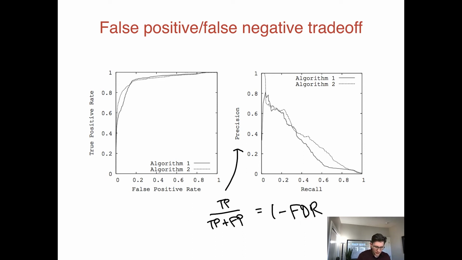False positive rate is defined as false positives over false positives plus true negatives. So essentially, false positive rate is how many times you got wrong out of all of the things that are truly negative.